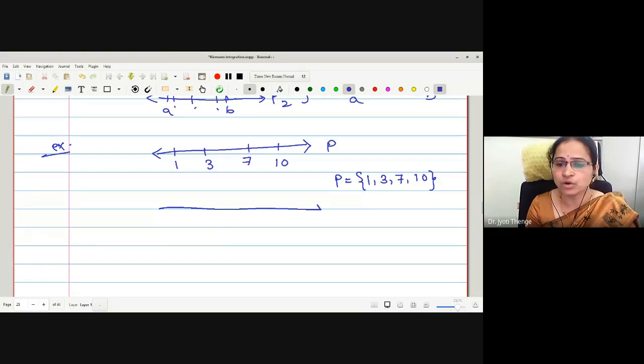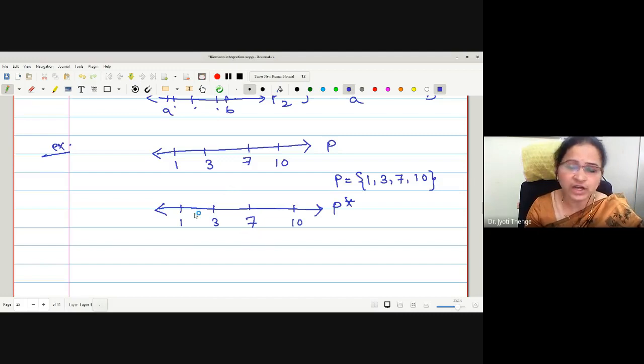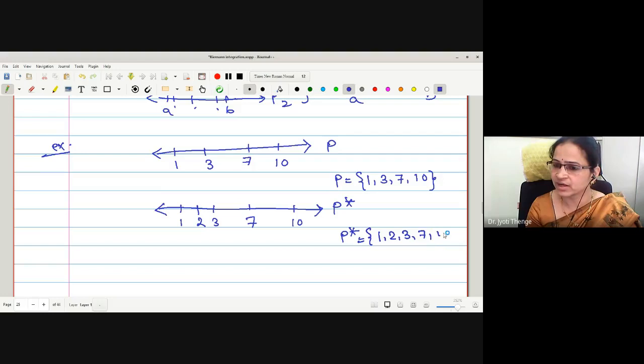Now in order to make a refinement of the partition, what do I have to do? I have to take all the previous points as they are, 1, 3, 7 and 10, and increase the points in between. Therefore, let me add a point here, say 2. If I add the point 2, what will P star be? The set P star is 1, 2, 3, 7 and 10.